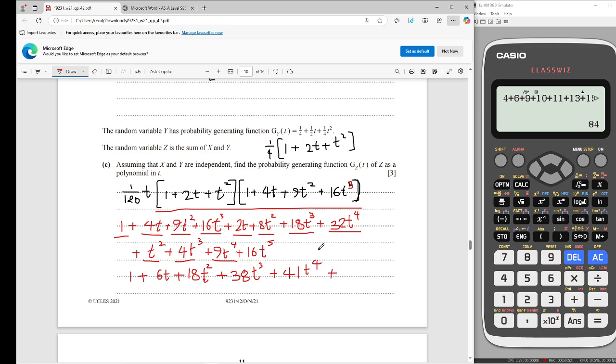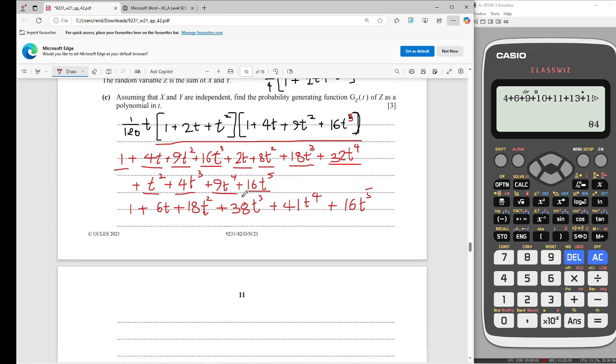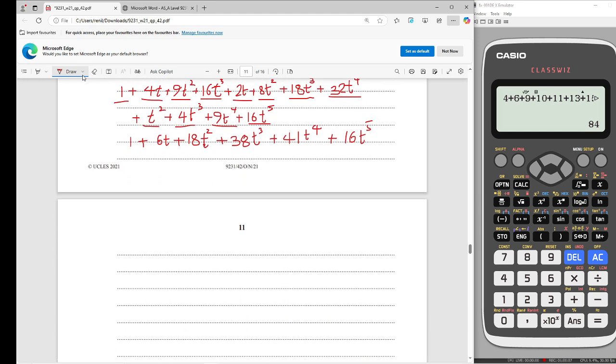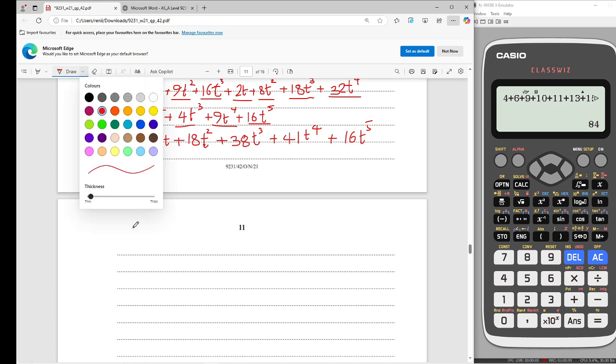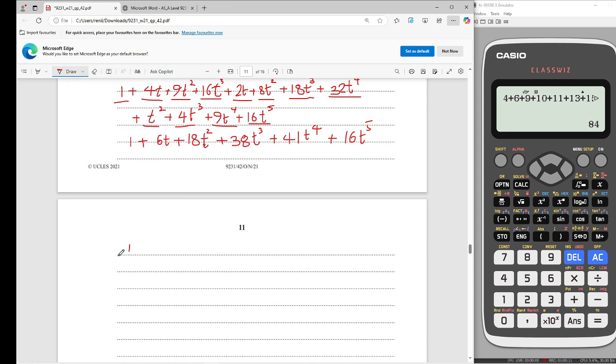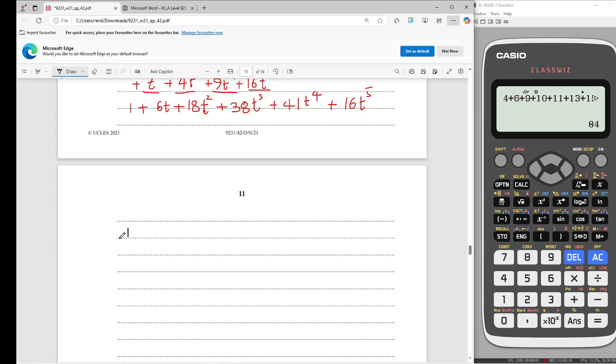We add that on with the final one, 16t to the power 5. Okay, so this is the simplified version of the two polynomials given here, and we need to multiply the entire thing with 1 by 120t. So I'm going to just factorize 1 by 120 out, because nowadays these past papers actually permit factorization of polynomials. So let's write our final answer.